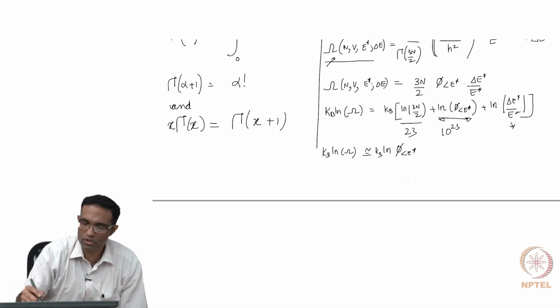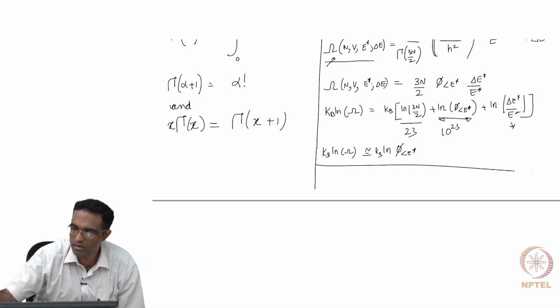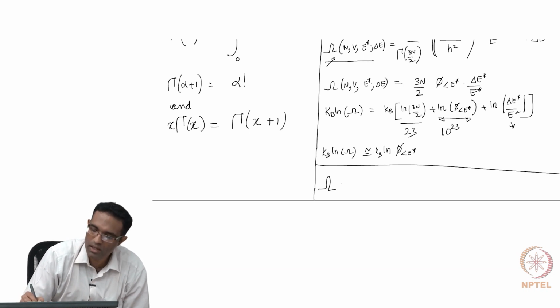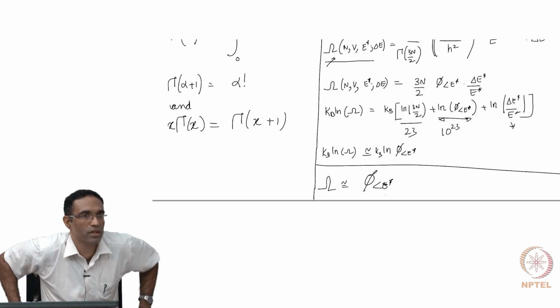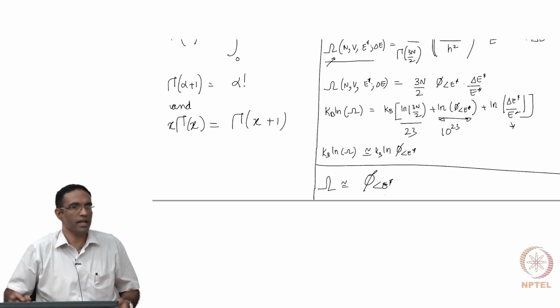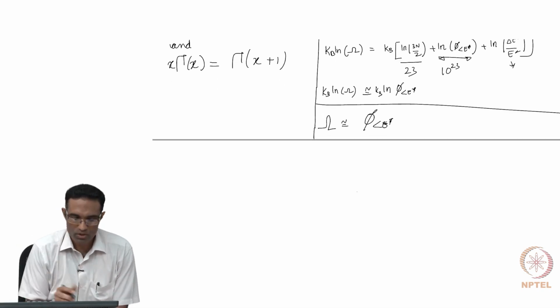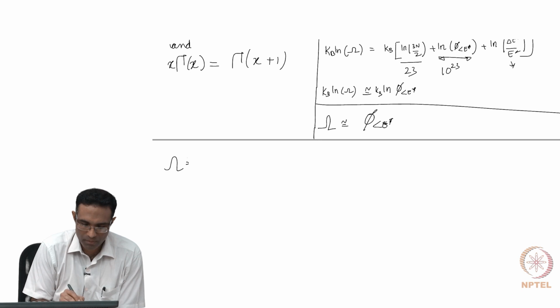So from now on, like what is done in most places, our omega is replaced with phi less than E star. I think this is actually a very interesting result. I don't think we would have seen it coming, right? So omega is approximately equal to phi less than E star.